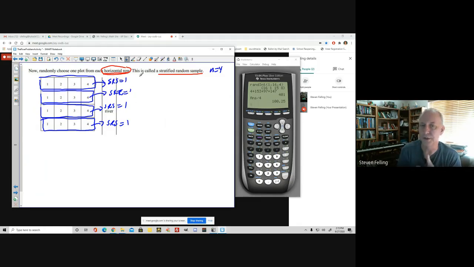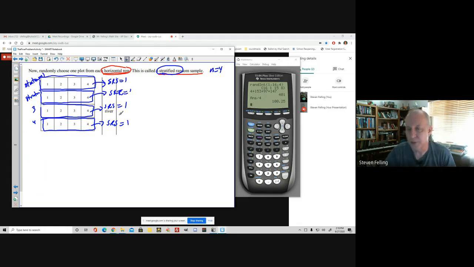In cluster sampling, we randomly pick a group and then select all of the elements in the group. In stratified random sampling, we divide into groups, and these groups are now called strata instead of clusters. So this is stratum 1, stratum 2, and 3 and 4, and so on.